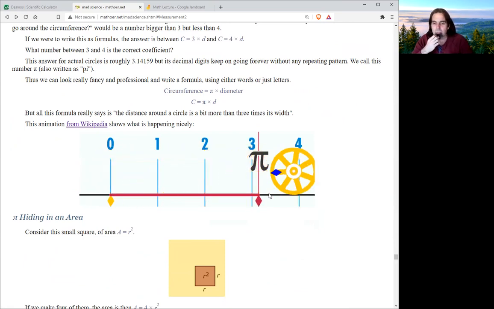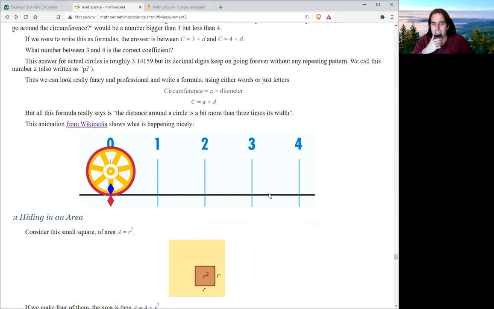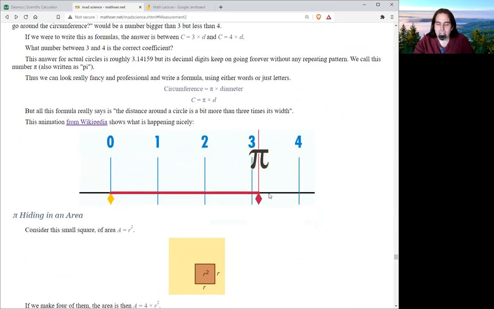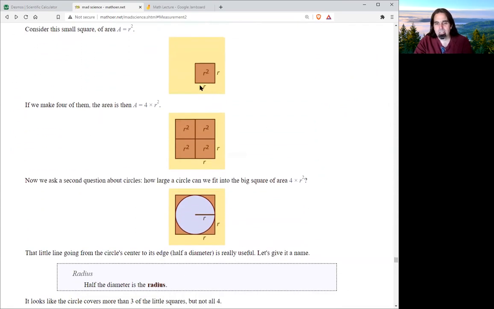So far, nothing surprising has happened. All we've done is use a Greek letter to name unrolling a circle's edge. But the next thing is really amazing. So I'm going to start by taking a brown box, and the sides I will label r. So r times r is r squared. Why do I use r? We'll get to that.